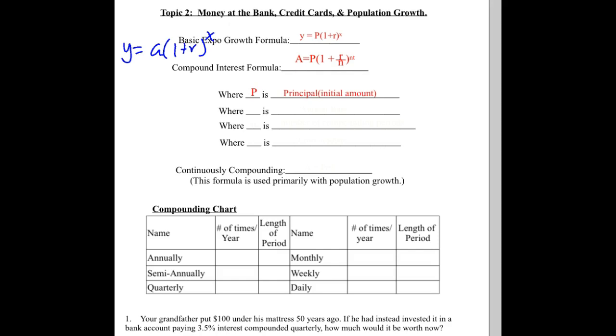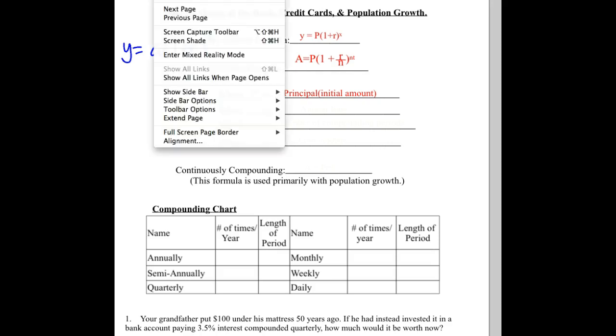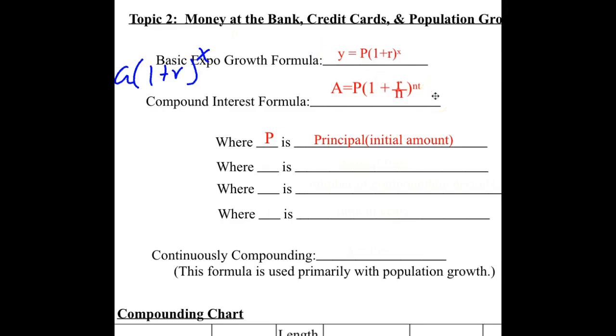That second formula in there, the compound interest one, should look familiar. A equals P times 1 plus R over N to the N times T power.